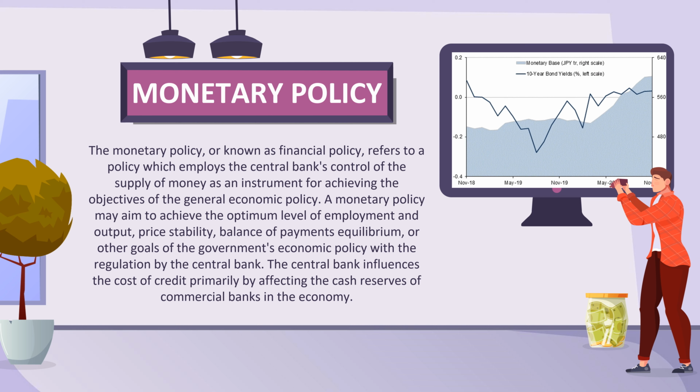A monetary policy may aim to achieve the optimum level of employment and output, price stability, balance of payment equilibrium, or other goals of the government's economic policy with the regulation by the central bank. The central bank influences the cost of credit primarily by affecting the cash reserve of commercial banks in the economy.